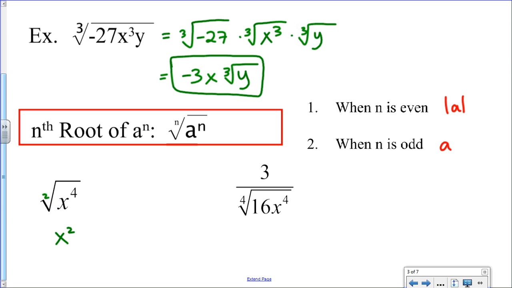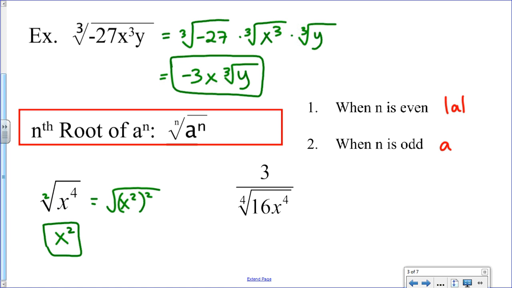Okay. X squared times x squared is x to the 4th. So the square root of x to the 4th is x squared. You think of it like that. X squared squared.